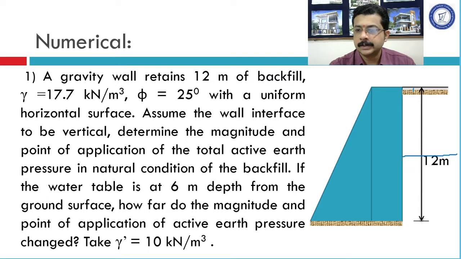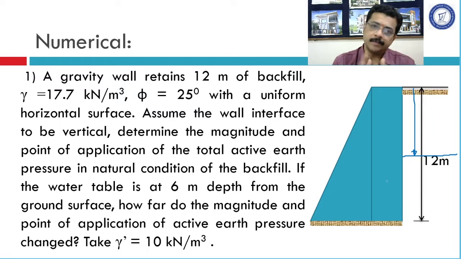This is 6 meter below the top ground surface. So when this situation prevails, what will be its effect on the total active earth pressure and what will be the effect on the location of point of application of the total active earth pressure. These two things we want to find out.